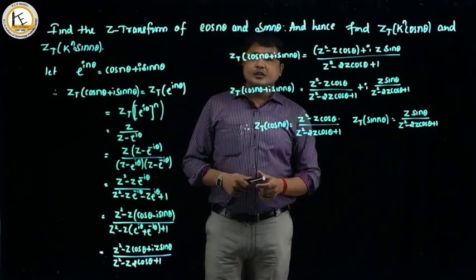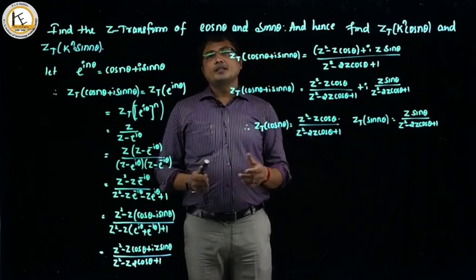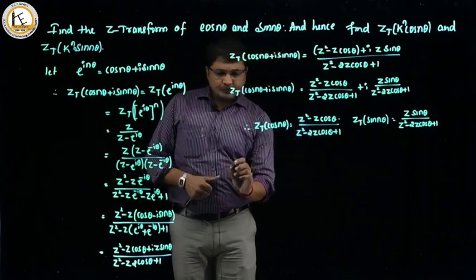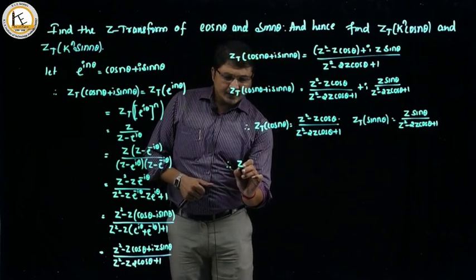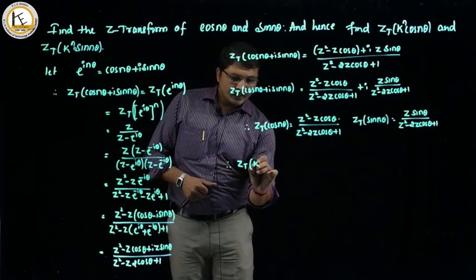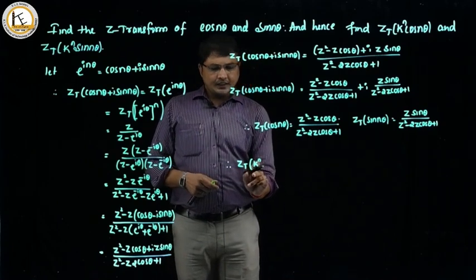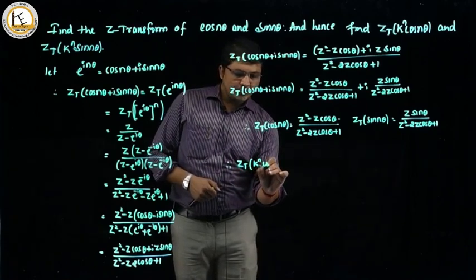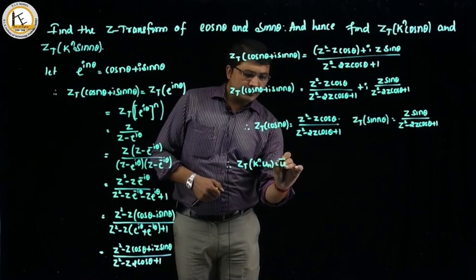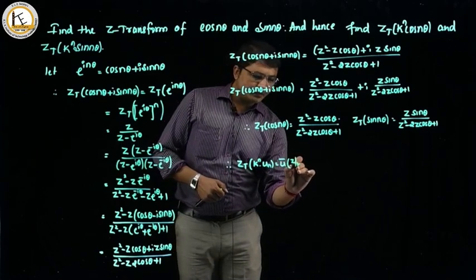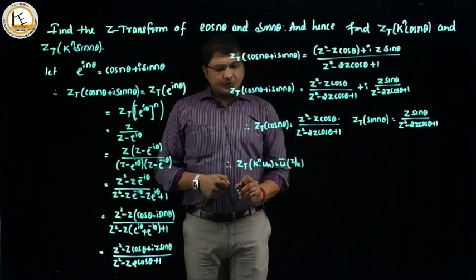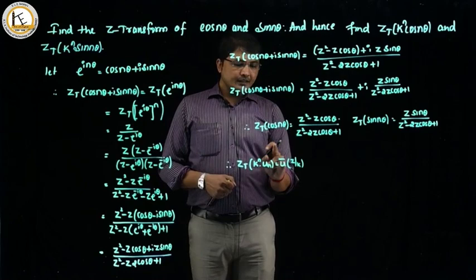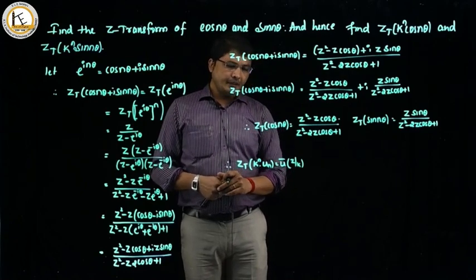There, first we need to find the z transform of u n, and in that answer we just replace z as z by k. So this is a property where first we find the z transform of u n, later in that answer we replace z as z by k.